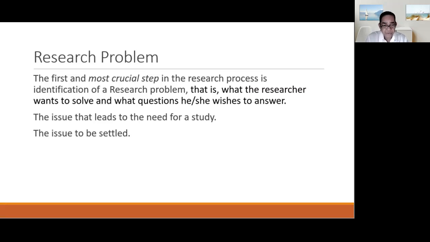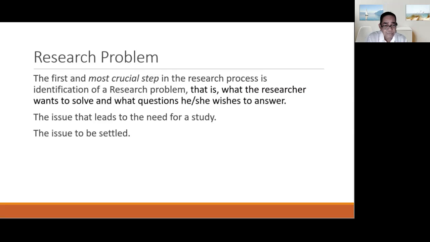So when people come to me for research consultation, they tell me, sir, is this a good topic for research? And then the first question that I ask of them is, what is the problem? Because really, later on, when you write the introduction, and I will be talking of how to write the introduction when you have become second year students, hopefully next year, 1 year from now, we will teach you how to write the introduction.